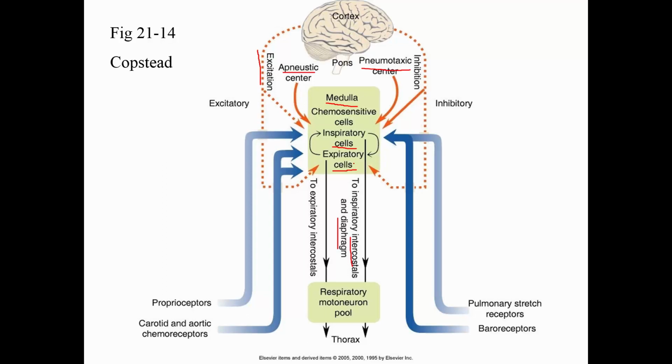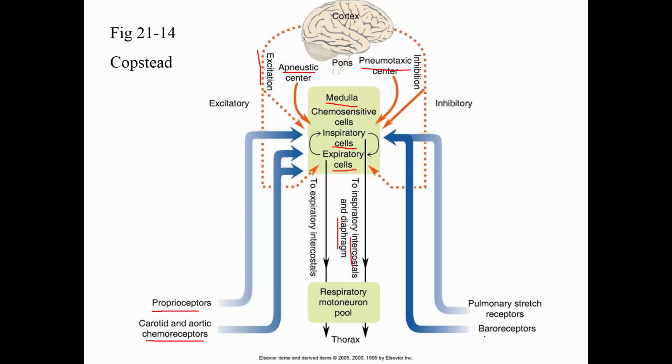Notice there are all kinds of things from the periphery that can activate the central centers. So proprioceptors, just the active moving, can feed back and increase respiration. That's something that happens with exercise. We are going to talk about the chemoreceptors in a great amount of detail.